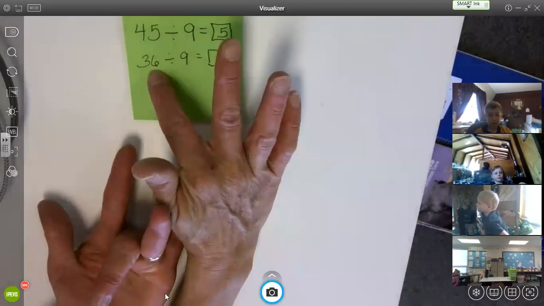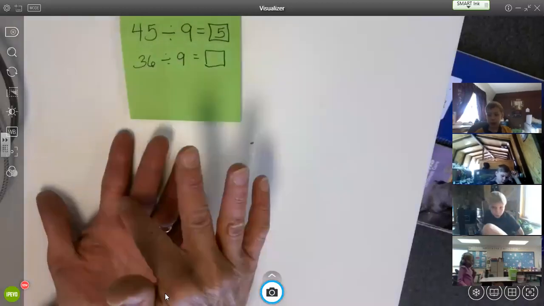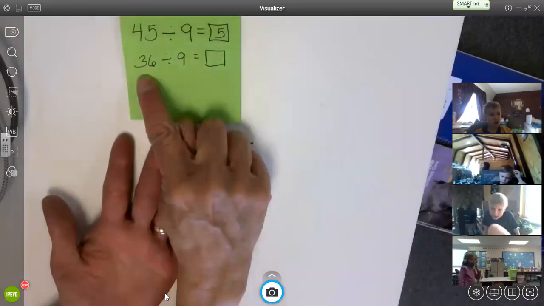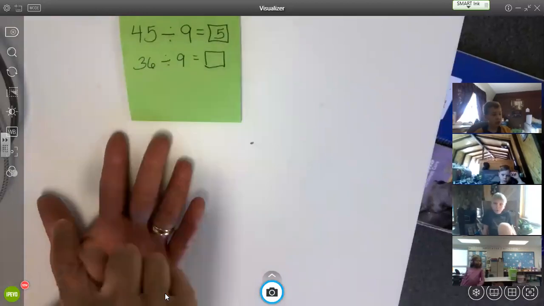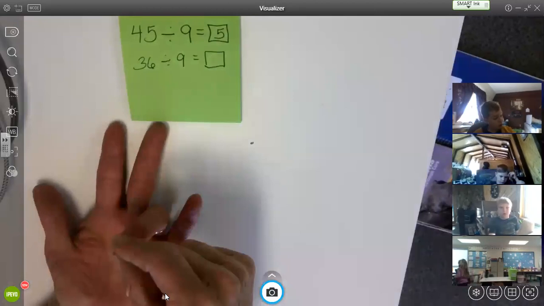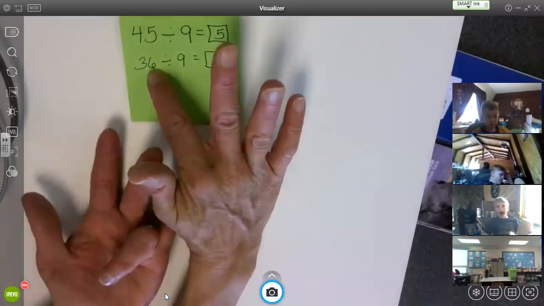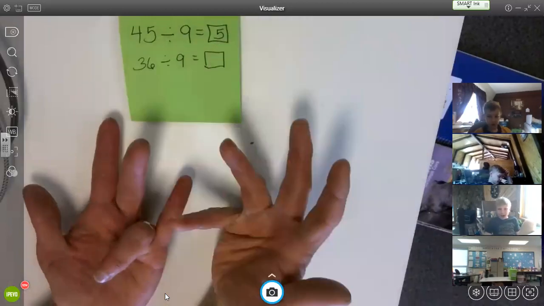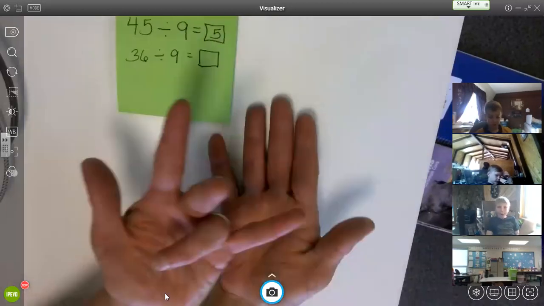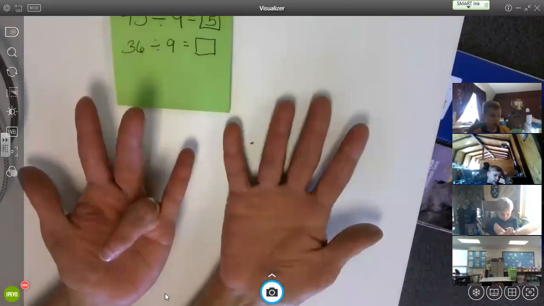And I want my dividend to show 36. How many fingers should I have on the left? How many are in my tens place? So I have to count 1, 2, 3 for my tens, and then put my finger down and make sure I have 6 ones on the right. Let's count. 1, 2, 3, 4, 5, 6.